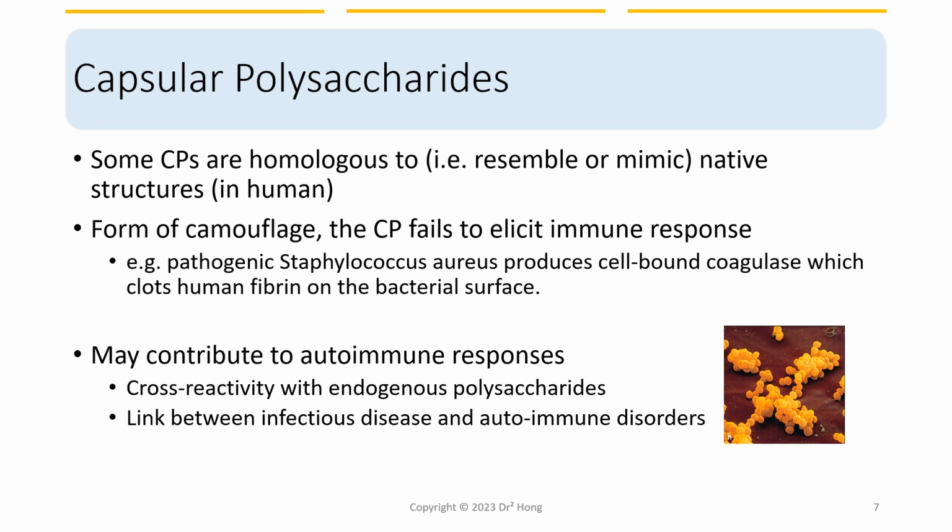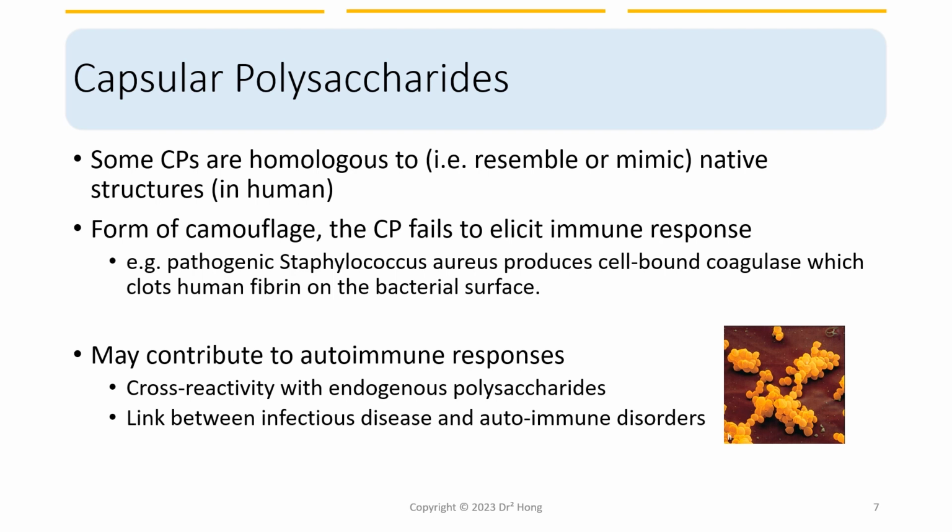Some capsular polysaccharides are homologous or very similar to ours. This creates a camouflage and shields our immune system from responding. This again ties into the central idea of self and non-self. If it looks like ours, the immune system is not going to react.